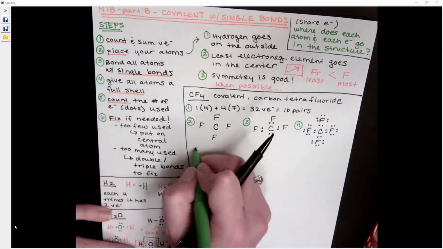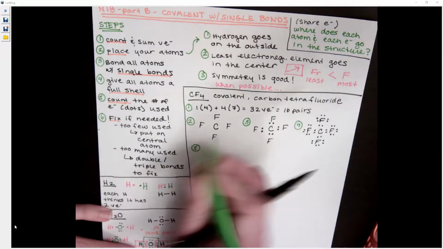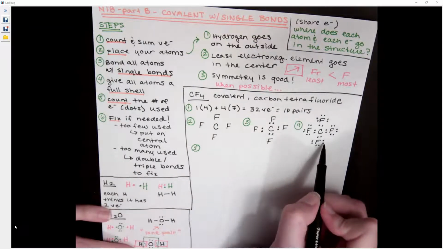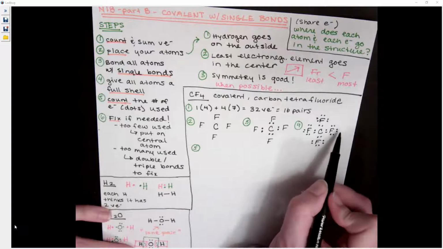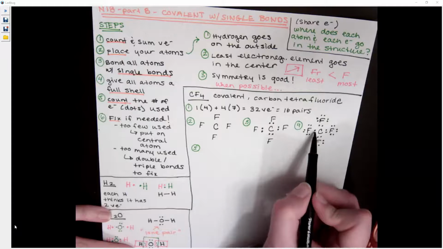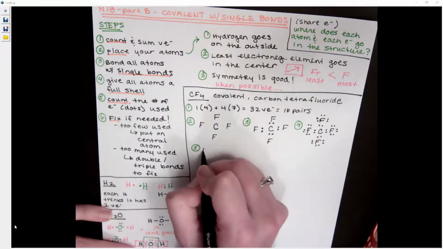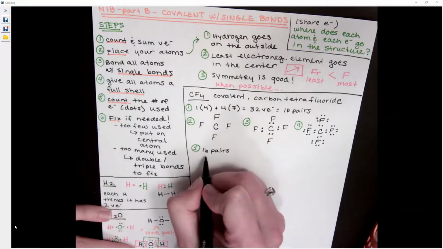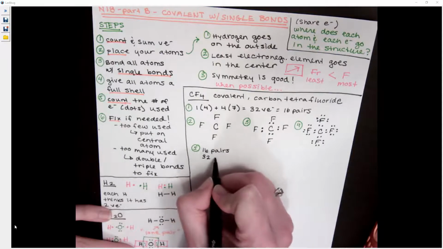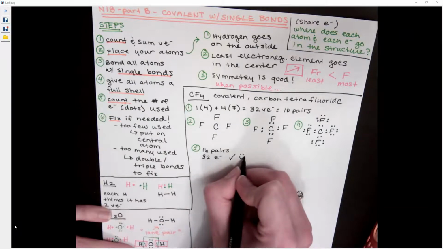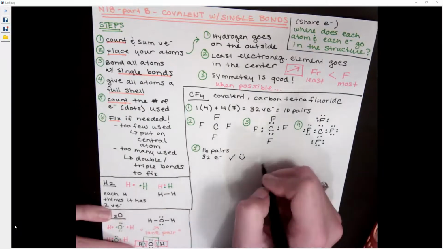So let's recount. We used 1, 2, 3, 4, 5, 6, 7, 8, 9, 10, 11, 12, 13, 14, 15, 16 pairs, which is the same as 32 electrons, which is good, right? That's what we wanted. So we are all done.